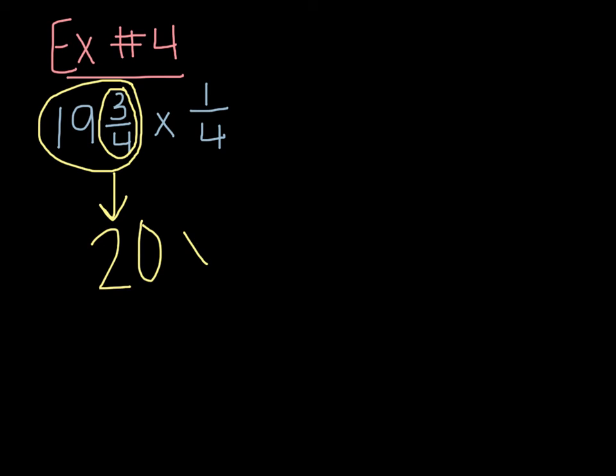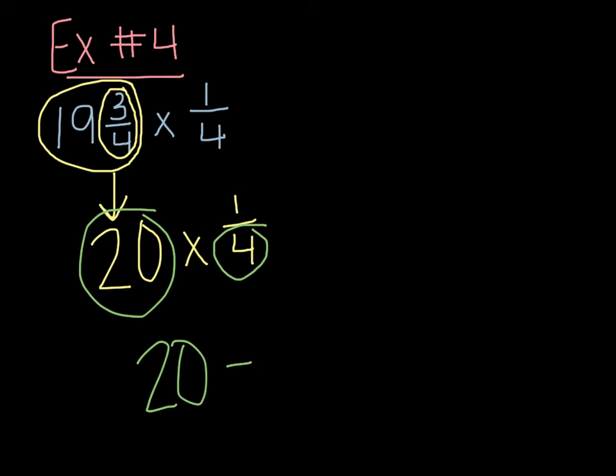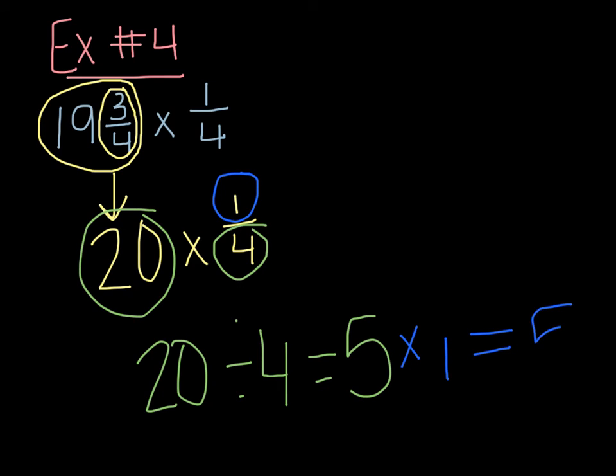Now I have 20 times 1/4. And that actually works out pretty well, because 20 can easily be divided by 4. We know that equals 5. And our last step is just to multiply that by the numerator. 5 times 1 is 5, and that's our answer.